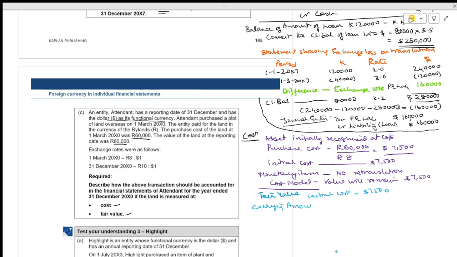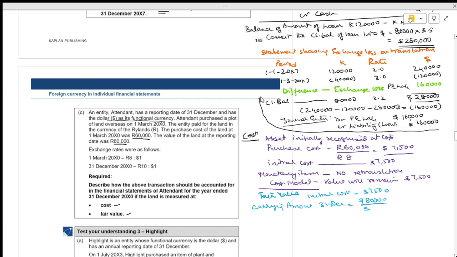Carrying amount at 31st December. How much is the carrying amount at 31st December? What is the value at the reporting date? 80,000.